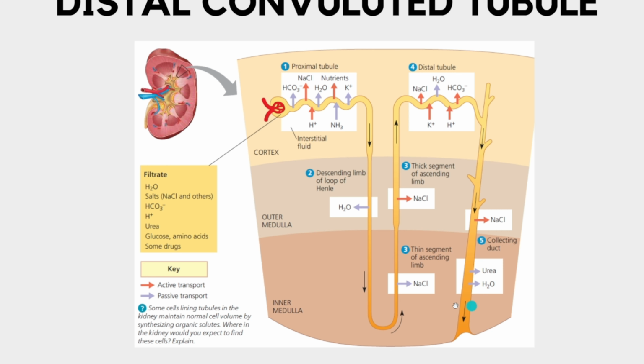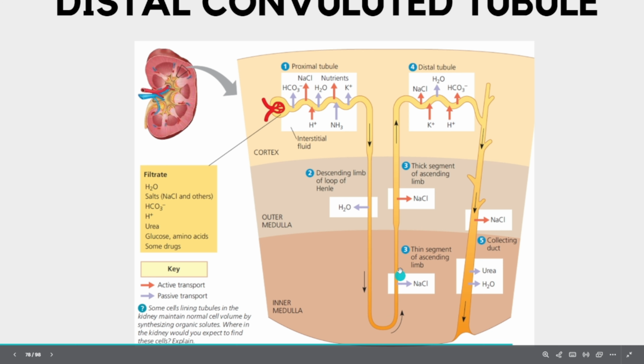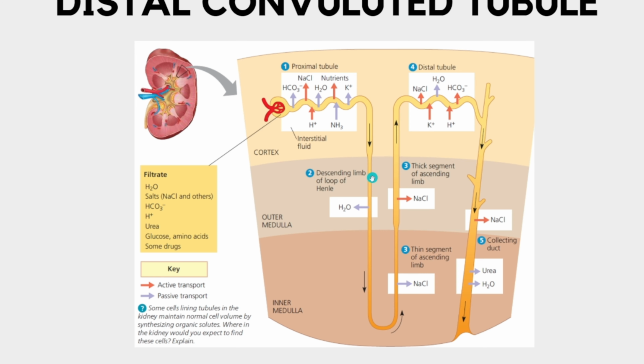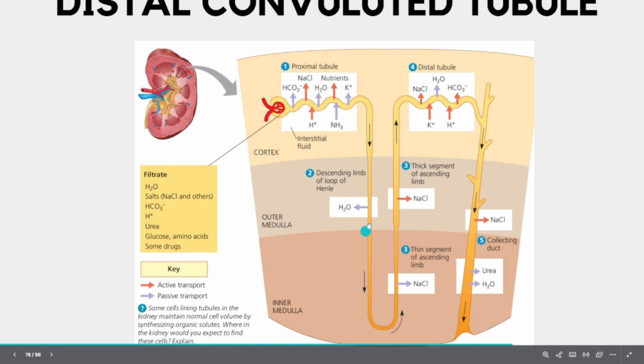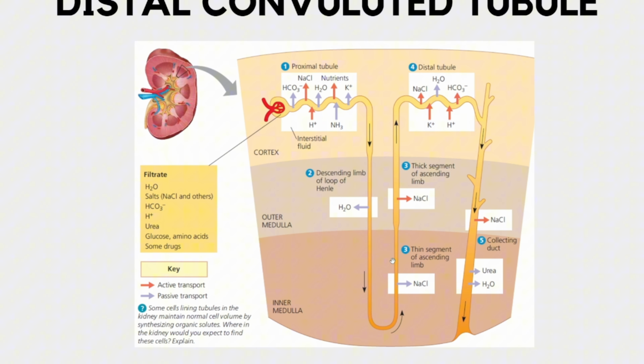So to maintain this highly concentrated region, when your filtrate comes out, the water has already diffused out, meaning it becomes less concentrated. So you need to maintain the concentrated region. Now, NaCl needs to diffuse out so that it can maintain the high osmolarity in the interstitial fluid of the medulla region.